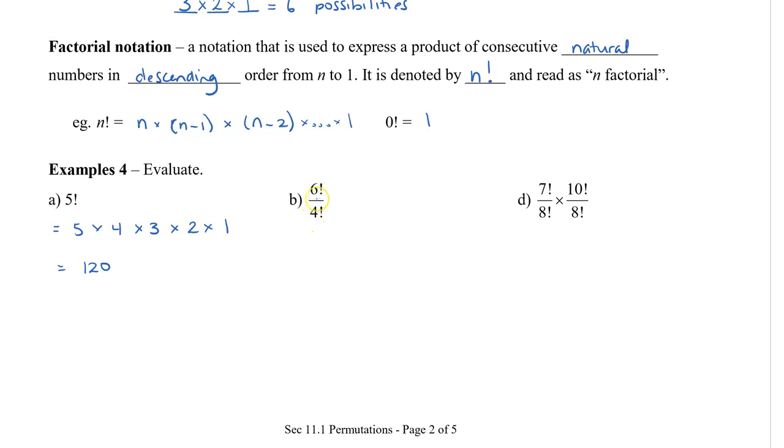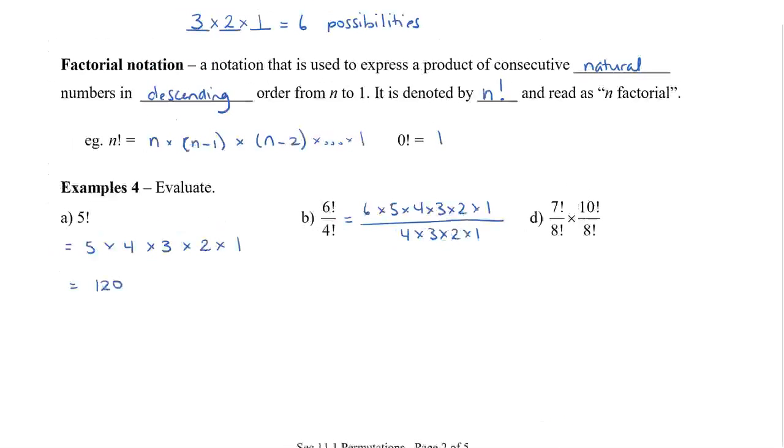Now, what about if you weren't allowed to use a calculator and we did have to do something like this? So 6 factorial divided by 4 factorial. So we have 6 times 5 times 4 times 3 times 2 times 1 in the numerator, and then 4 times 3 times 2 times 1 in the denominator. So notice that these 4 numbers here cancel off with these 4 numbers here.